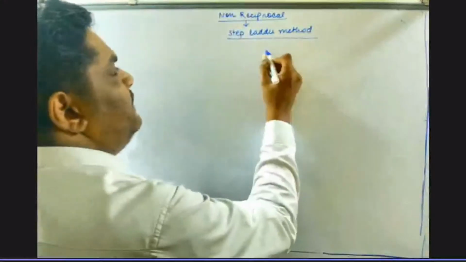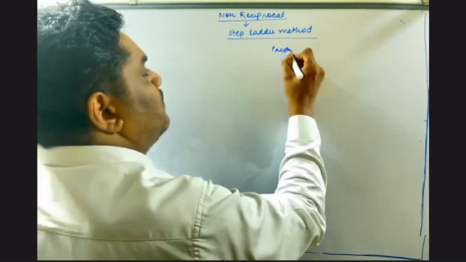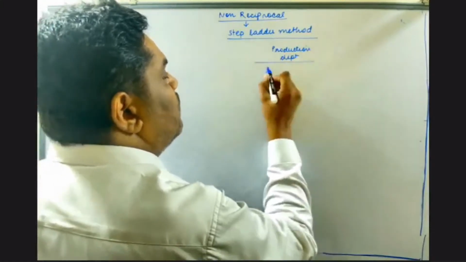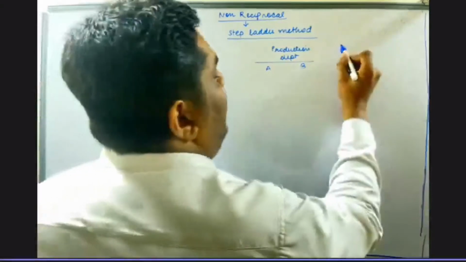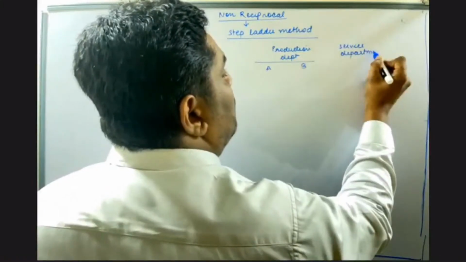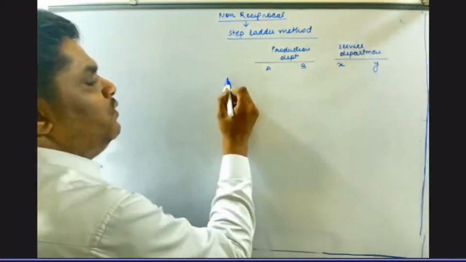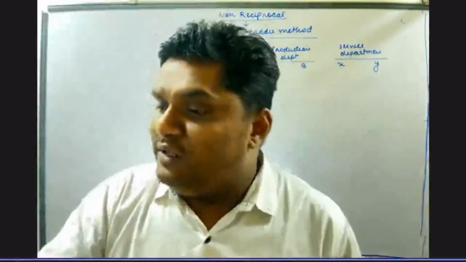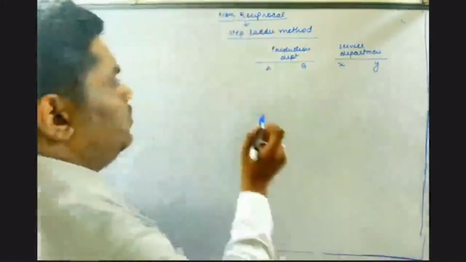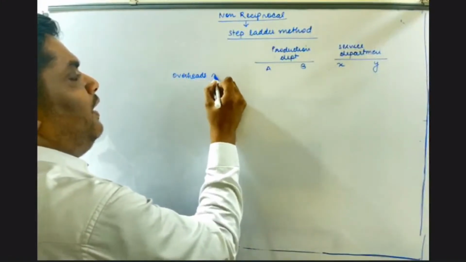So there are two production departments A and B and two service departments X and Y. We have to distribute the overheads of X and Y. Further, the overheads as per primary distribution are given in the question.